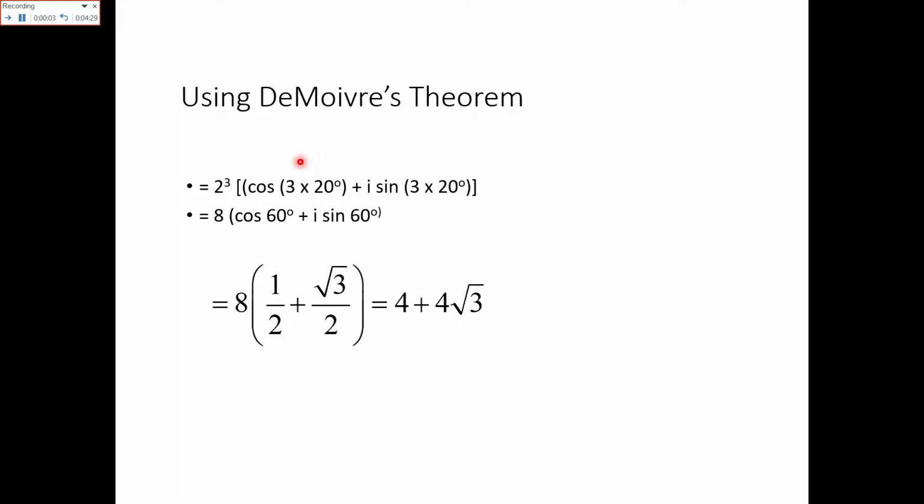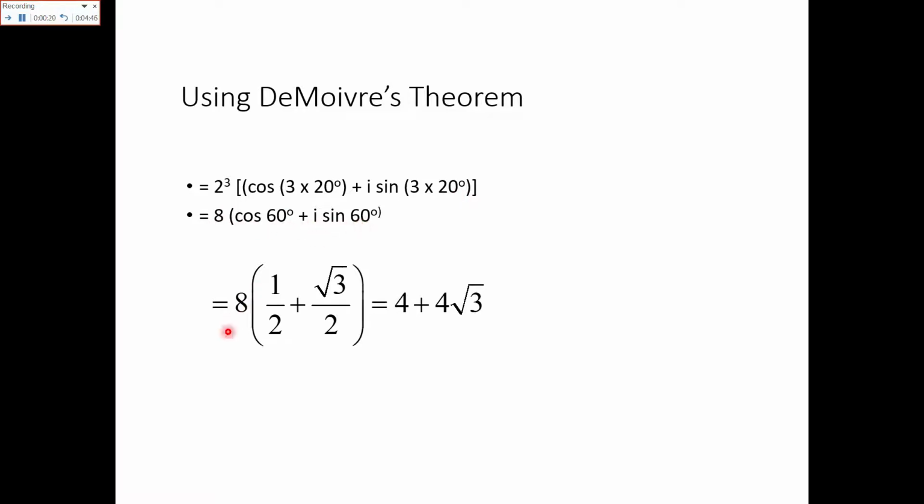Now using De Moivre's theorem, you will have 2 raised to power 3 times cos of 3 multiplied by 20 plus iota sine of 3 multiplied by 20. It will become 8 (cos 60 plus iota sine 60).